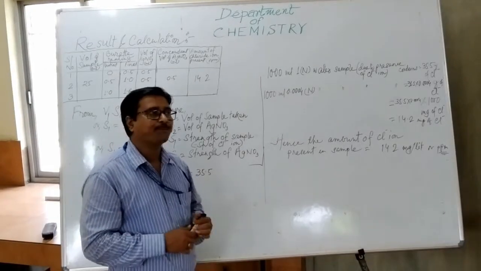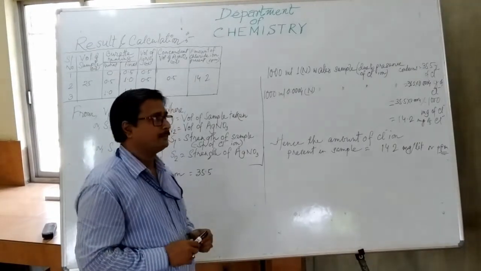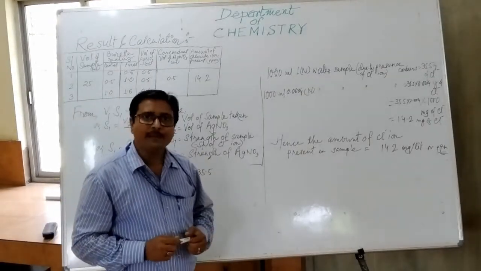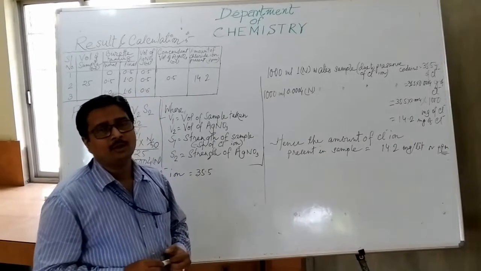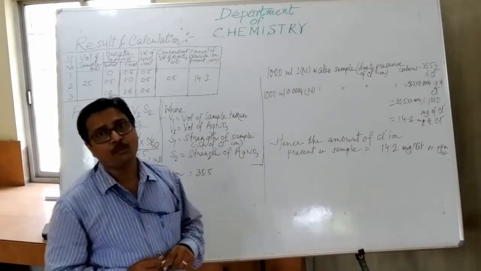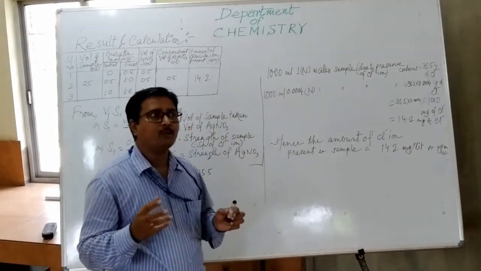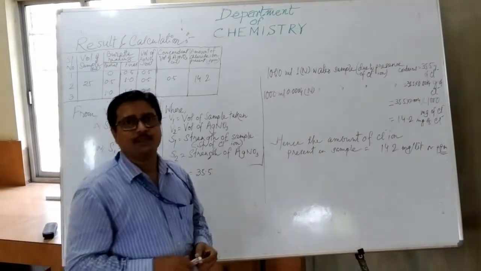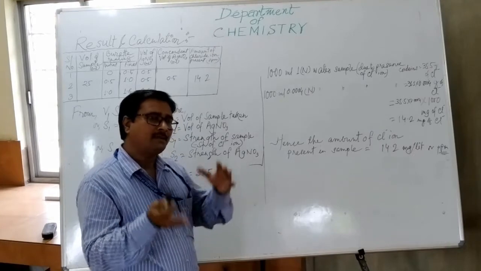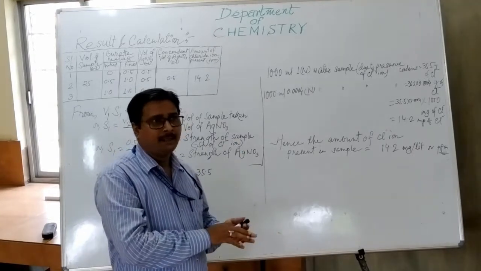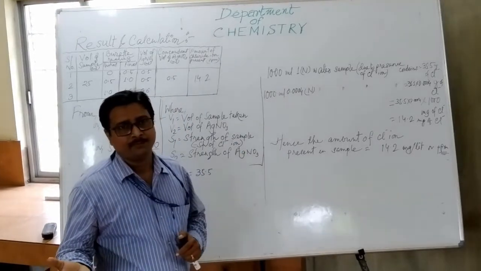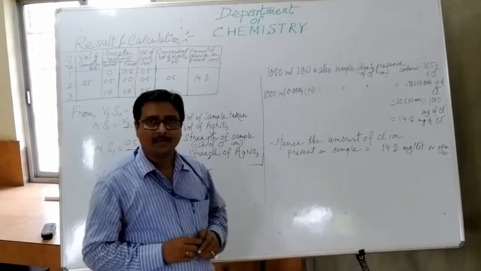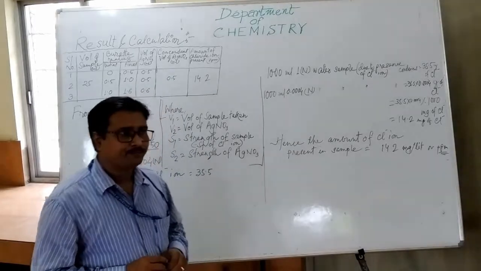Already it is told by me that the solubility product of silver chloride is less than the solubility product of silver chromate. That means whose solubility product is higher will take much time for precipitation. So that's why silver chloride is precipitated out first, then we get silver chromate precipitation. So that's why we are getting the brick red color.